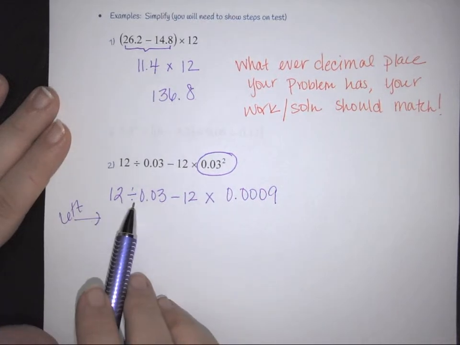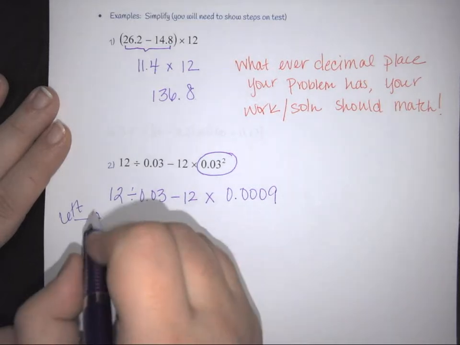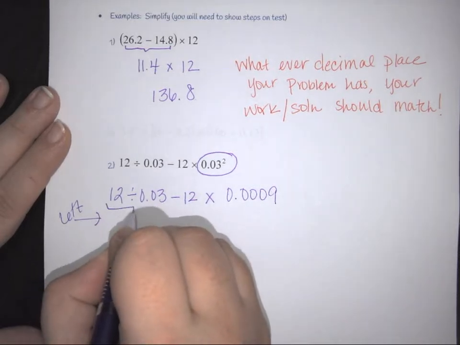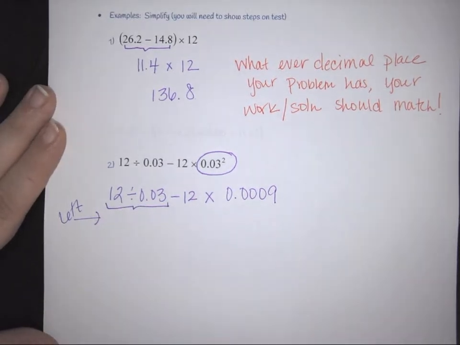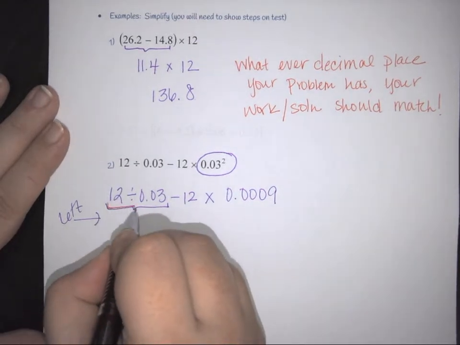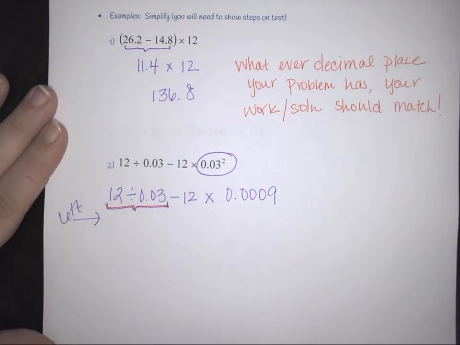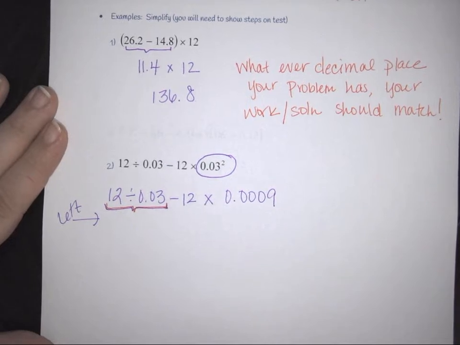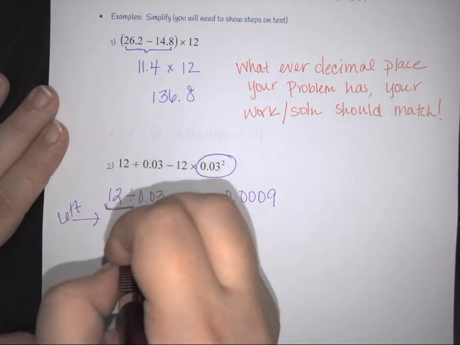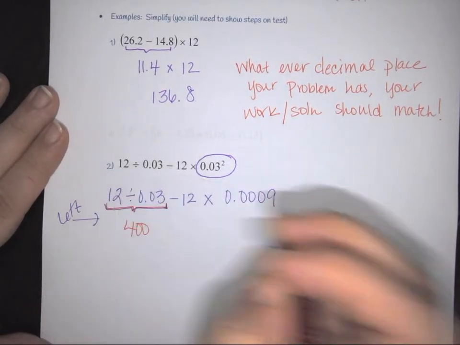So the first thing I have is 12 divided by 0.03. So this is the math to perform. 12 divided by 0.03 should give you 400.